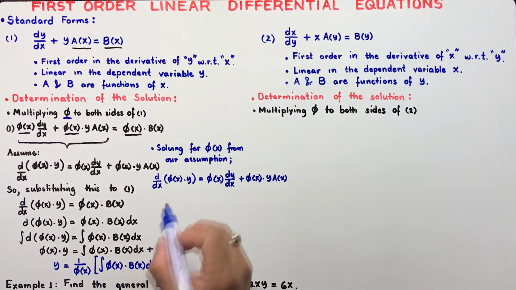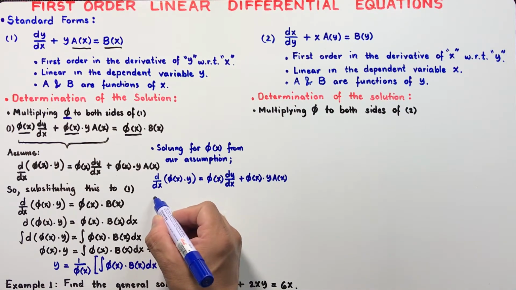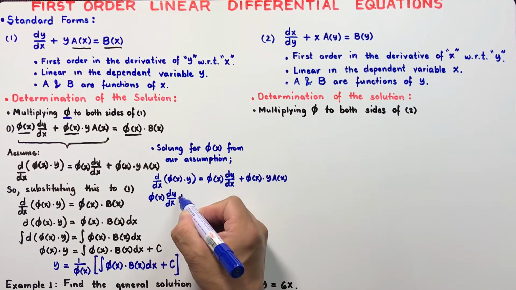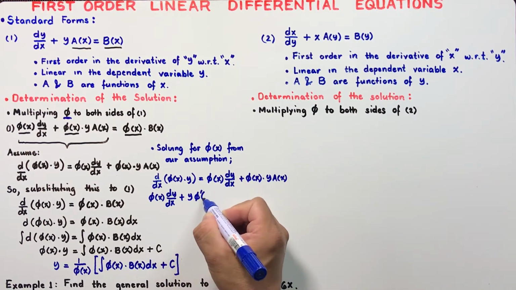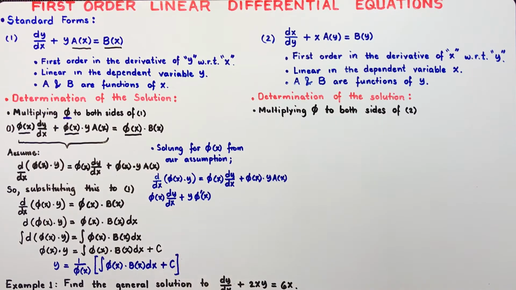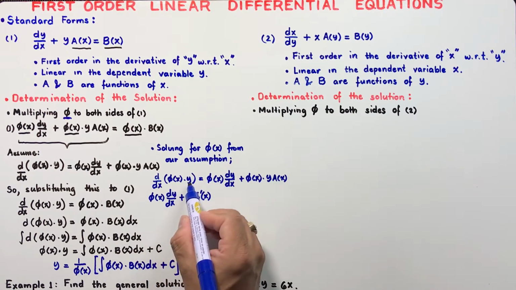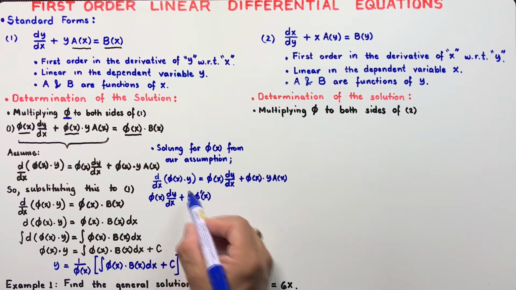And applying the rule for the derivative of a product, we have phi of x times the derivative of y with respect to x plus y times the derivative of phi of x, which is phi prime of x. And you can check that this one is this here, and we get the derivative of this plus y times the derivative of this.